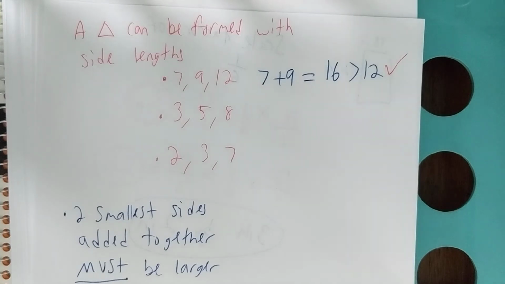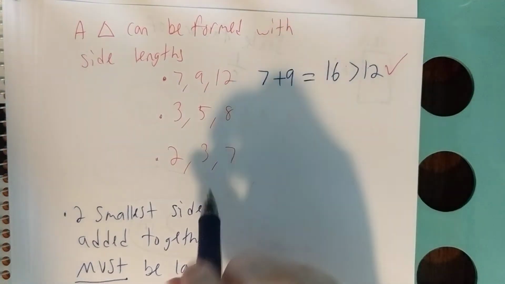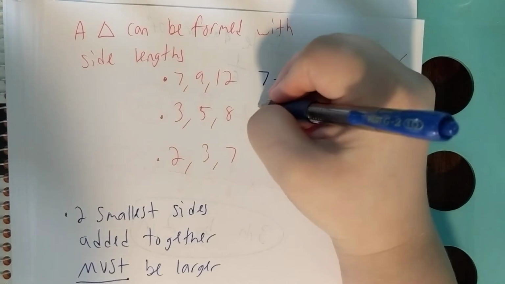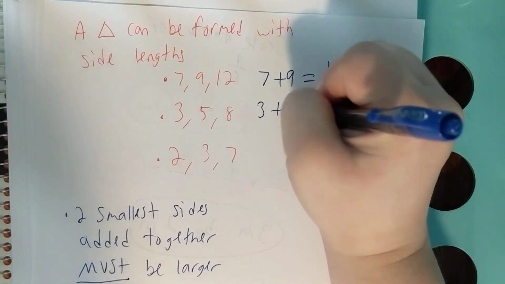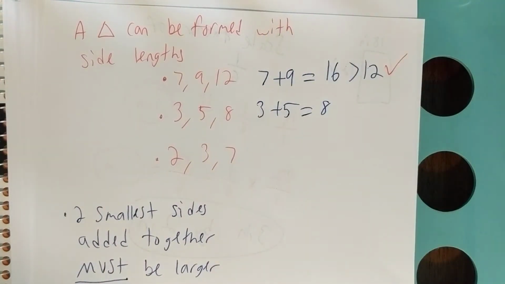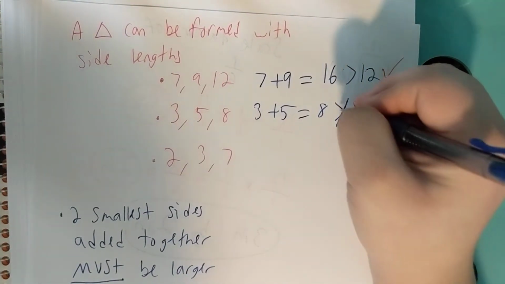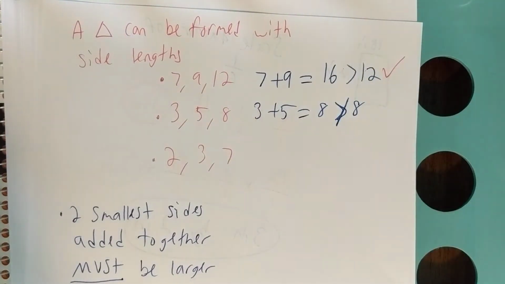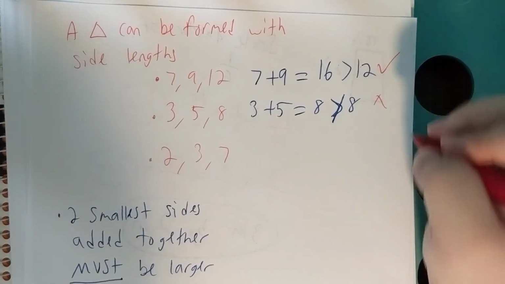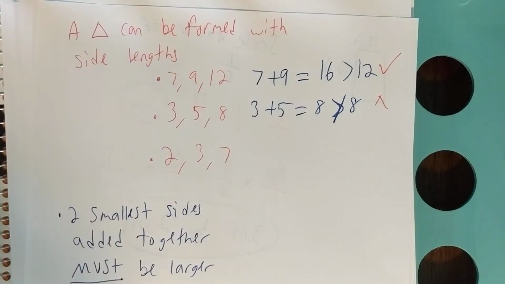Okay, so here 3 and 5 are our smallest sides. So 3 plus 5 equals 8. 8 is not larger than 8. So it does not work.